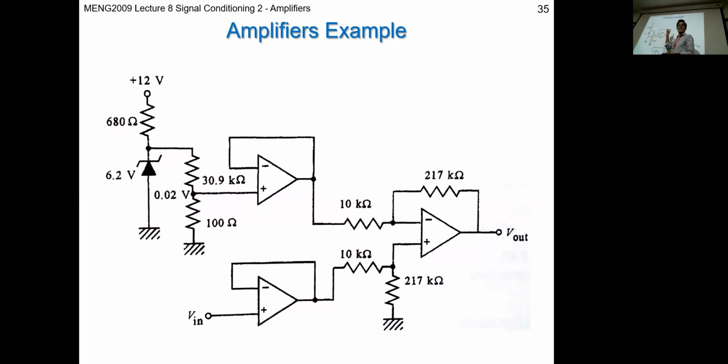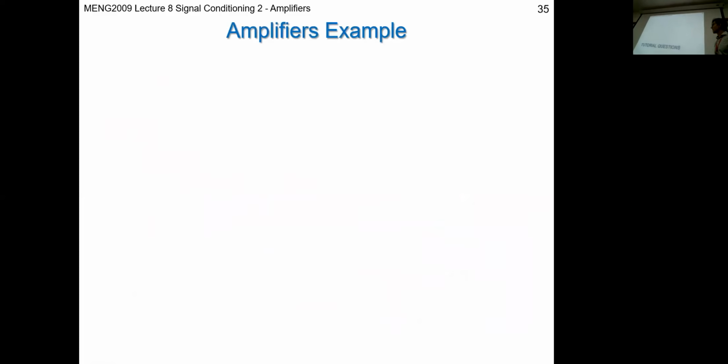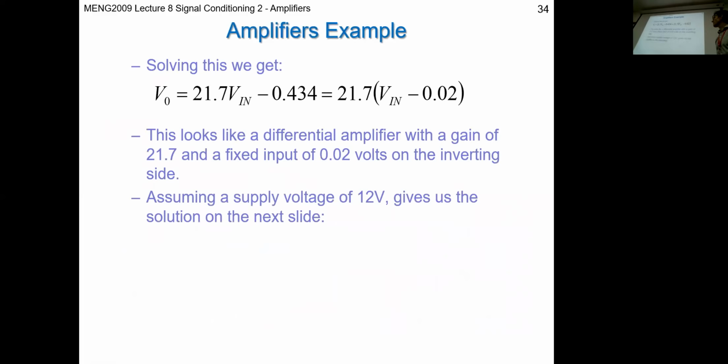That means this is an inverting amp. So our plus 0.02 gets flipped to minus 0.02. That's how we get it here. And now we get our overall output voltage according to the relationship we wanted, which is this here. So that's how you create an amplifier circuit to give you a particular relationship.